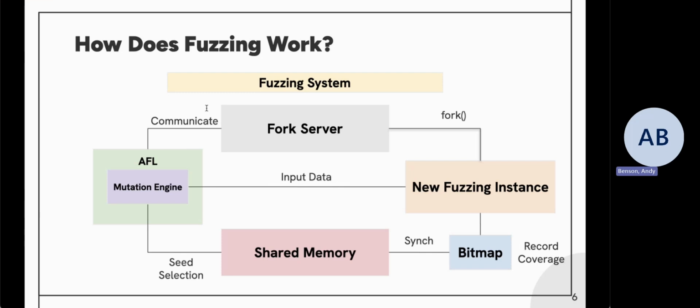Each of these separate processes record their own bitmaps based on what edges each test run hit. These bitmaps are independent for each of the processes, but they are periodically synced to the shared memory. This updated shared memory and the associated seeds that are then selected for mutation are then fed back into fuzzing instances as inputs. Basically, good inputs are saved again and fed back so that they can be run and mutated on more often.